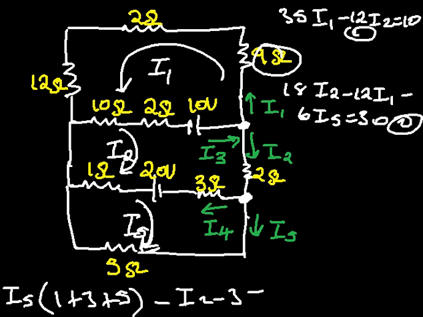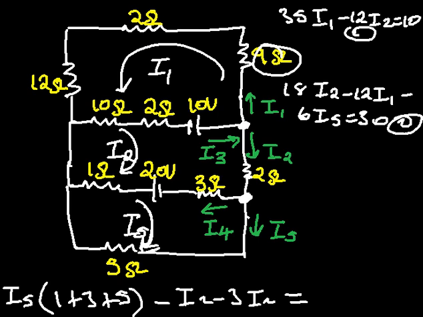Minus 3 I2. That will be equal to, do we have the source of power there? We have it as this. Then, looking at the polarity of the battery and the direction of the current, that is from the negative terminal to the positive terminal, that is voltage drop.